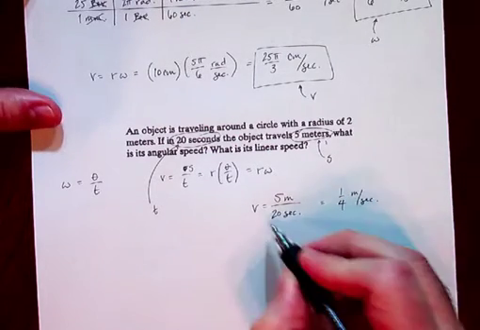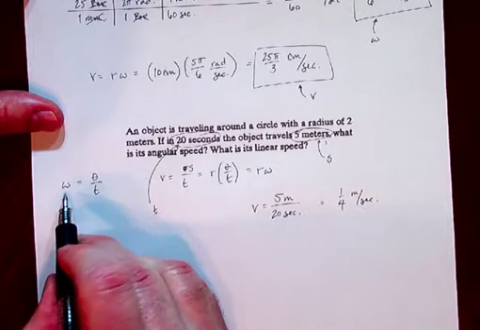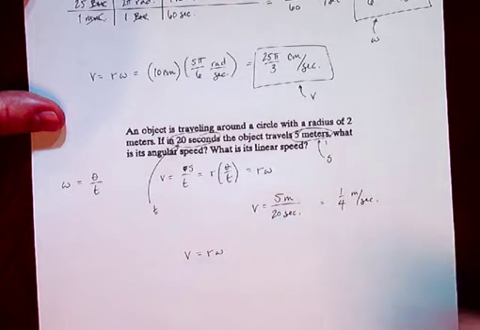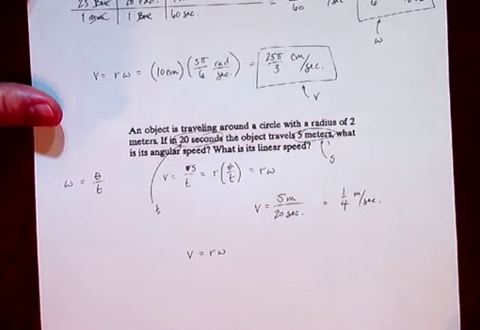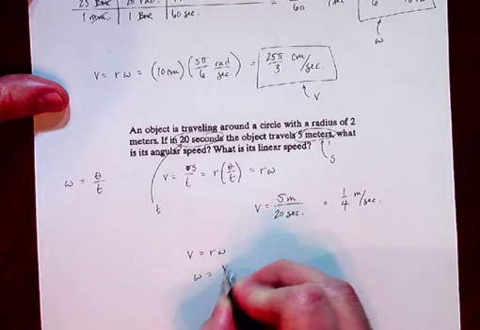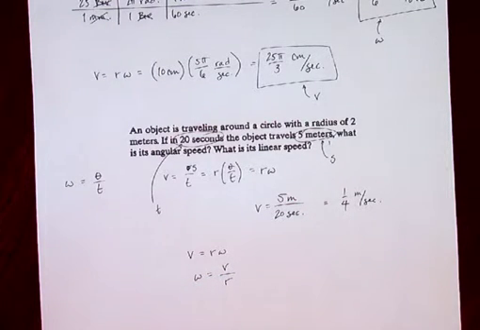So if we have v, and we want omega, we know that v is equal to r times omega, and therefore, omega is equal to v over r. Is it not?